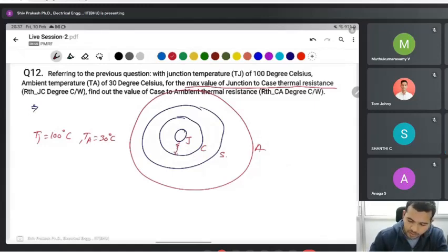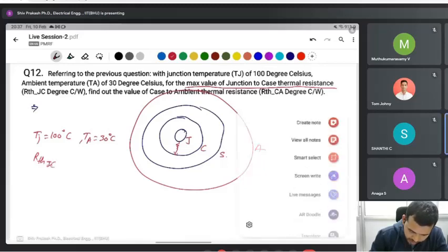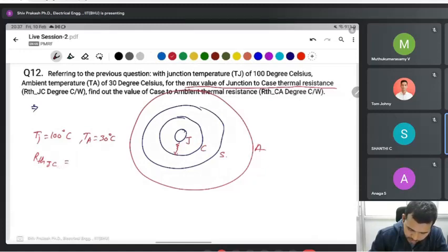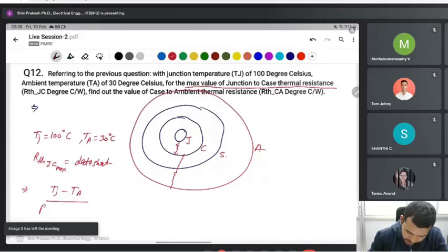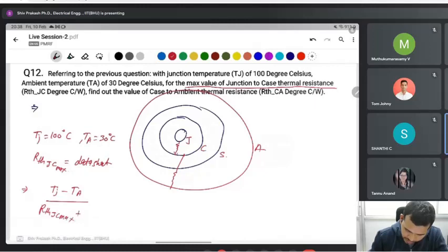Thermal resistance junction to case, you can find from the data sheet. And case to ambient is what is asked. We know Tj minus Ta divided by total thermal resistance, RTH Jc max plus RTH Ca, is equal to power.